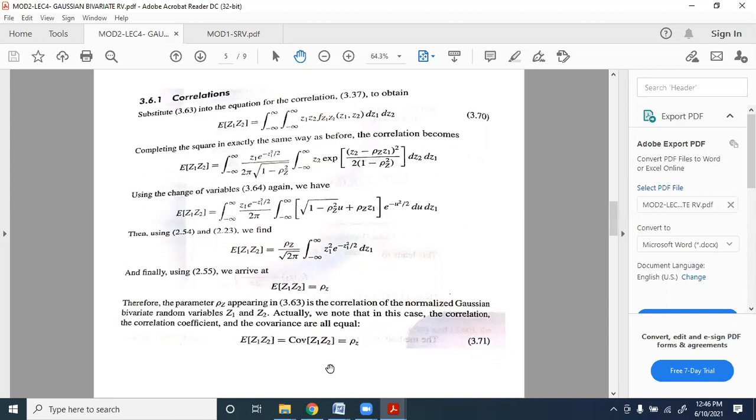And that is only under the condition that we have the normalized case. Normalized case means mean is equal to 0 and variance is equal to 1. This condition is true only when we have mean equal to 0 and variance equal to 1.